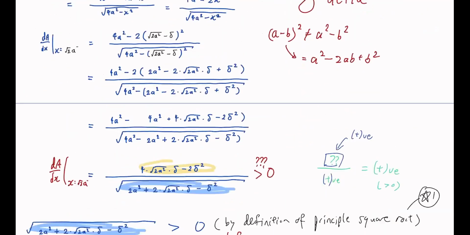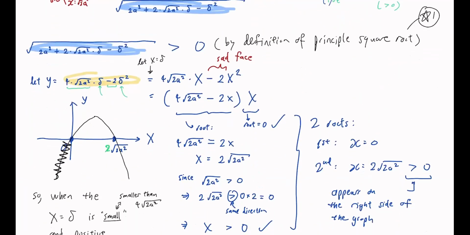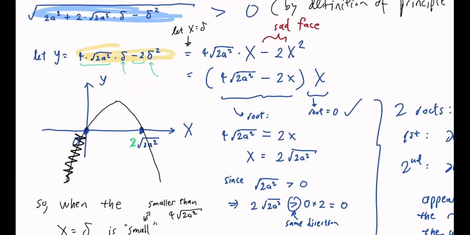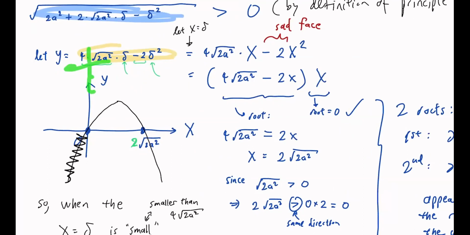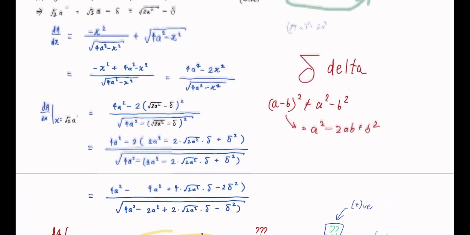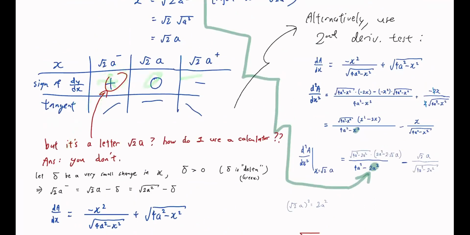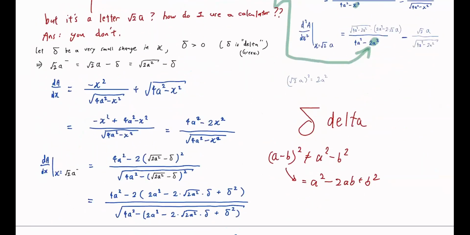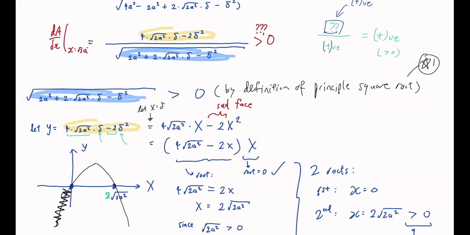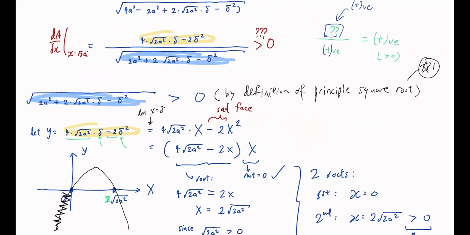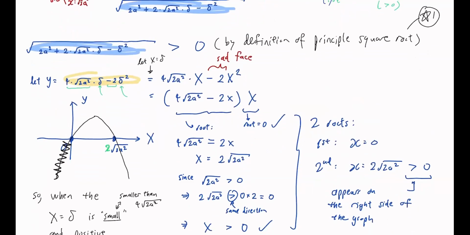The answer is, in order to make sure the question makes sense and you can have a turning point, you need a positive dA by dx, right? Positive, 0, then negative. You need this positive sign, which means that the numerator here has to be positive, which means you need this part of the graph, which is above the x-axis and positive, which means that your x values must be in between 0 and 2 times square root, whatever.